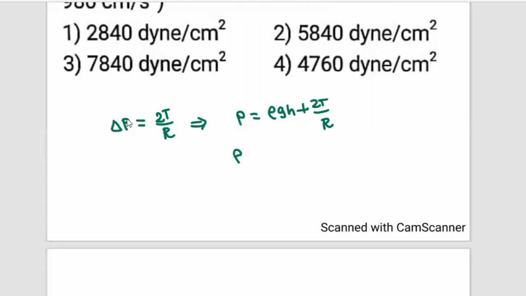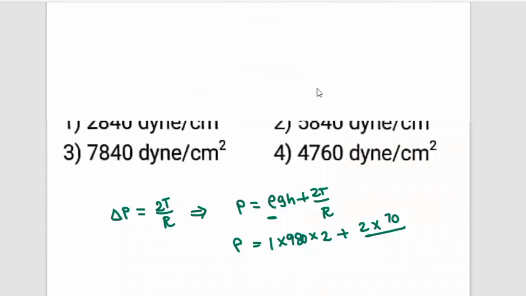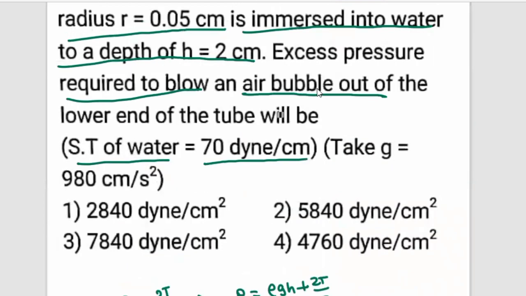All is in CGS system. Density of water is 1, g value is 980, otherwise 1000 you can take, and h value is 2 centimeter, plus 2 into surface tension. Surface tension is 70 as given. So 2 into 70 divided by the radius. In the problem, the radius is 0.05 centimeter, that means 5 into 10 power of minus 2 centimeter.